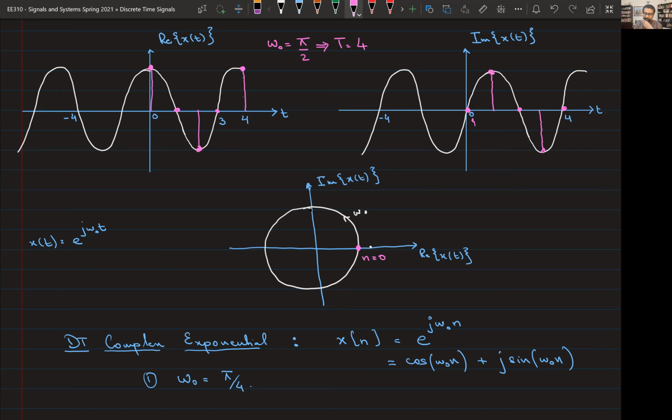What happens at n equals 1? What is x of 1? x of 1 is just simply e raised to power j pi by 2. And where is this point going to be? This point is at 90 degrees, which is here.